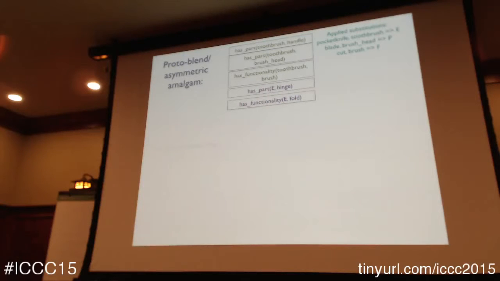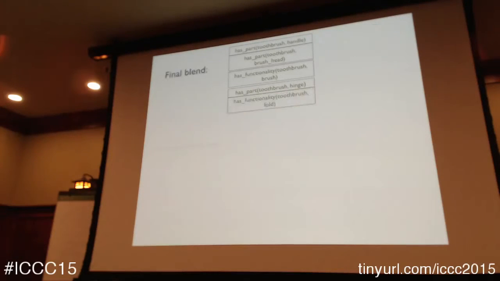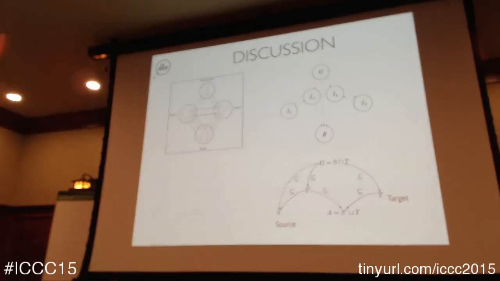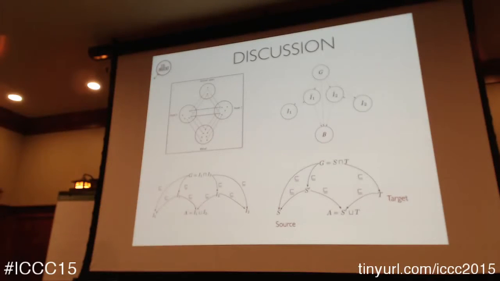But applying the substitutions here, we can compute the final blend. So E will be the toothbrush, of course, and the functionality also will be the toothbrush. And so this is the final blend, which is the image we saw at the beginning. So, to summarize, we had the original idea of blending.